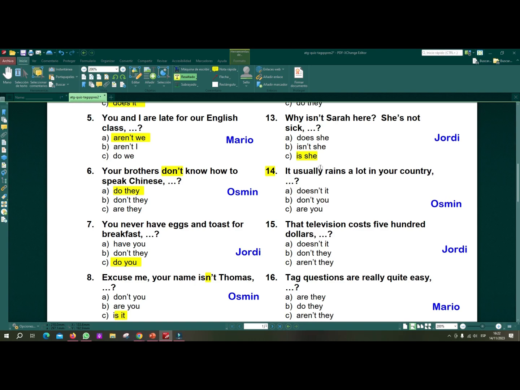Which could be the answer for that one? It usually rains a lot in your country. Doesn't it, teacher? Doesn't it? It's right. Yeah, that could be that one, Mr. Rahmi.